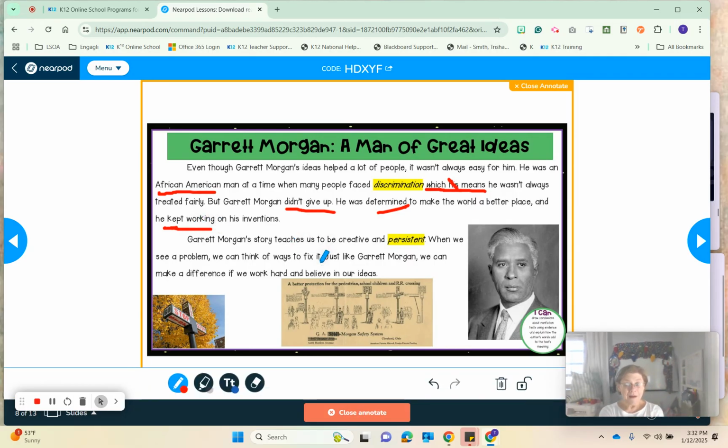We can use these words to help us develop the definition of persistent. And persistence means you don't stop no matter what obstacles come in your way. Like can't stop, won't stop. I'm going to do this. I'm going to find a way to achieve. And that's how Garrett Morgan was.